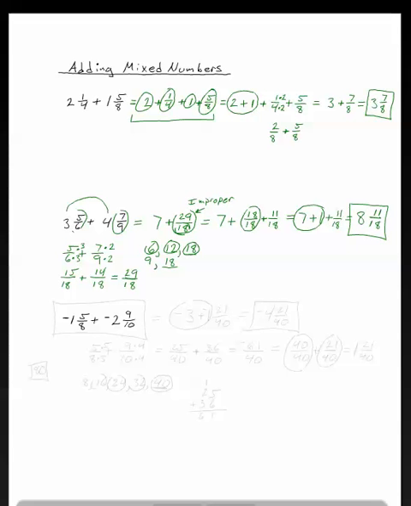Alright, so our next one, down here, we notice that we have negative 1 and 5/8 plus negative 2 and 9/10. Now we do want to remember that the negative applies to both the whole number portion, so in the first one it applies to the 1, and the fraction portion, 5/8.